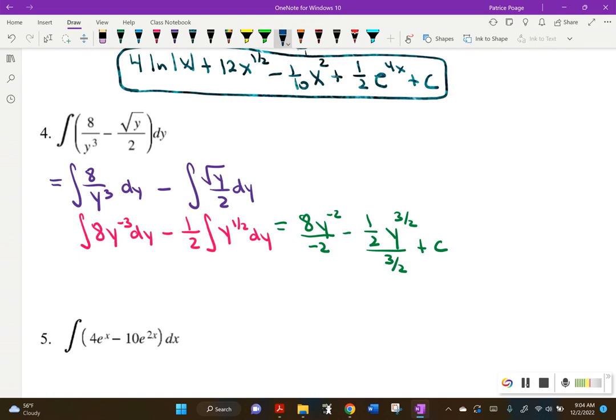And cleaning this up, 8 divided by negative 2 is negative 4y to the negative 2 minus, dividing by a fraction is the same thing as multiplying by the reciprocal. And so I have negative 4. I'm going to take this y term to the bottom, so it's a positive exponent. Those twos cancel. So minus 1/3 y to the 3/2 plus c.